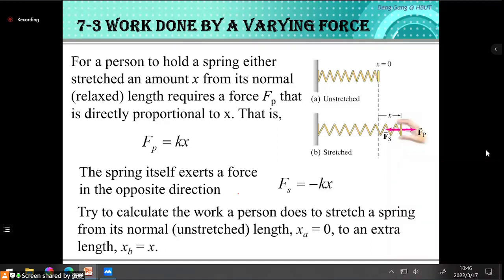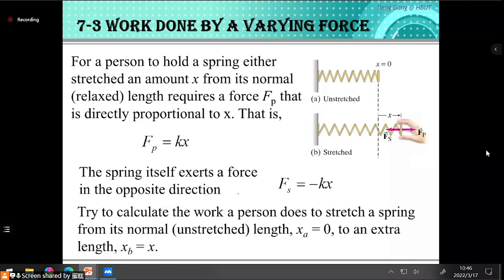For different x, the force is different. Let's start from 0, the original is 0, and when it reaches x, it is kx. So it is changing. If we want to calculate this work, we need to use an integration, and it's a one-dimensional problem only in the x direction.